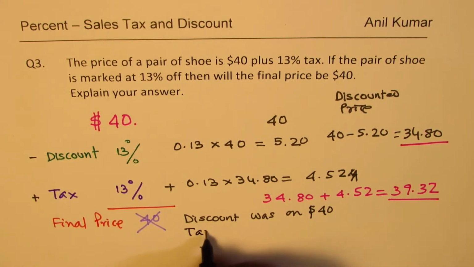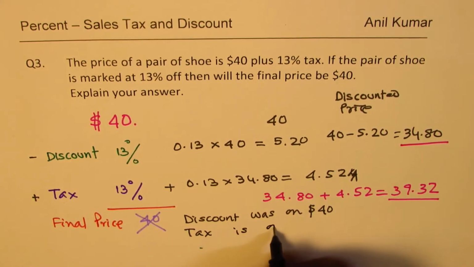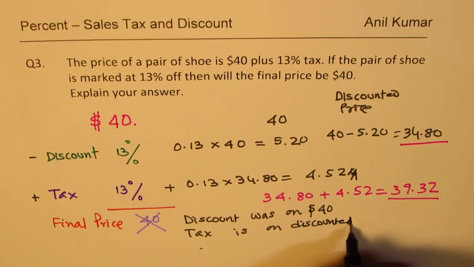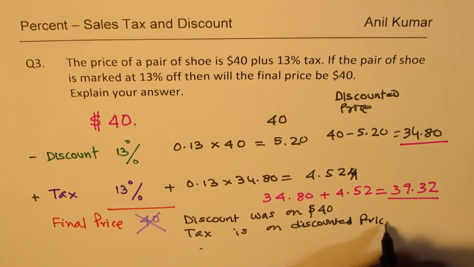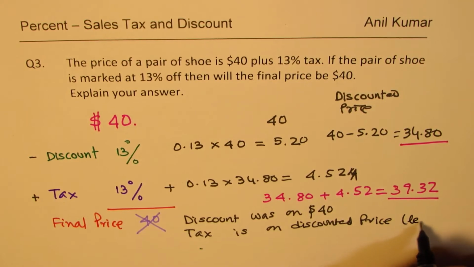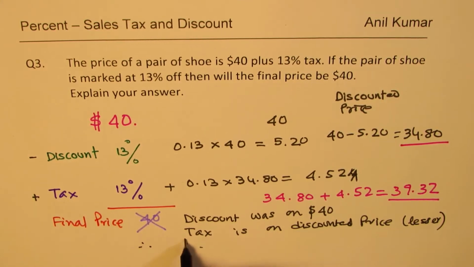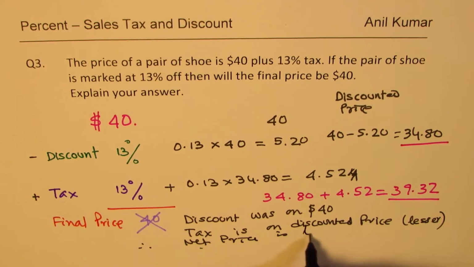But the tax is on the discounted price, which is lesser. So the net price is lesser.